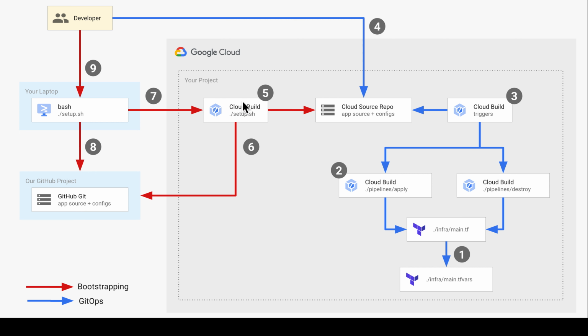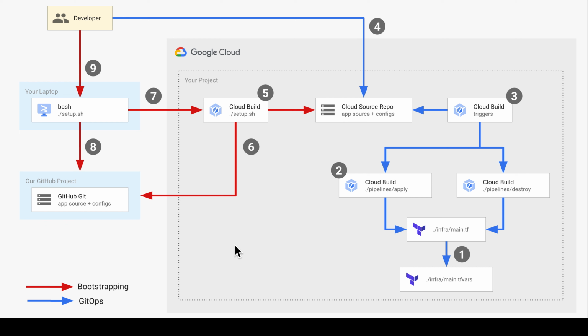Now, who will run this Cloud Build? Well, you will. You will come to your laptop and execute the shell script that also comes from my repository. That shell script will start the build, which will clone my repo, create a new source repo in your project, put the clone there, create triggers, and from that point you will be able to execute the blue, the GitOps, and the red is the bootstrapping.